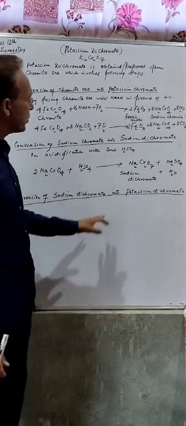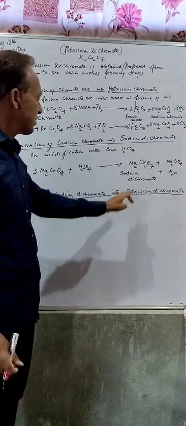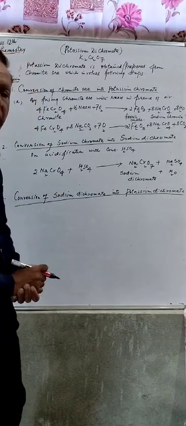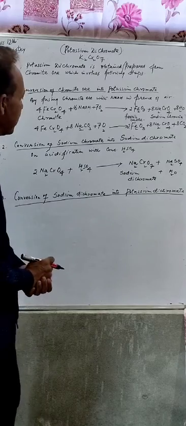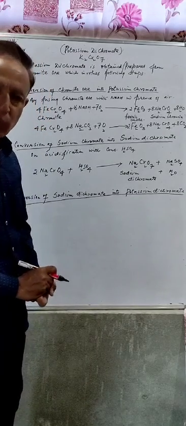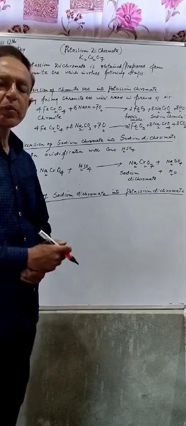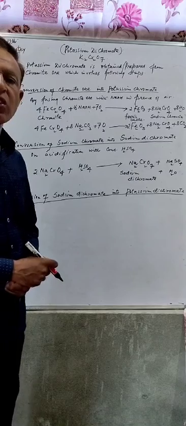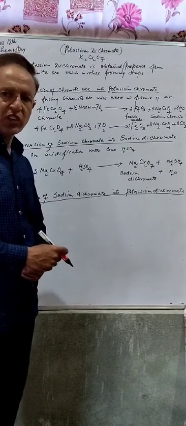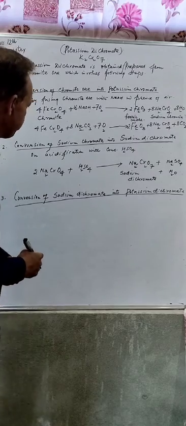This filtered solution obtained from the above reaction, that is sodium dichromate, is mixed with an equimolar solution of potassium chloride, and then when the two are mixed we get orange crystals of potassium dichromate.